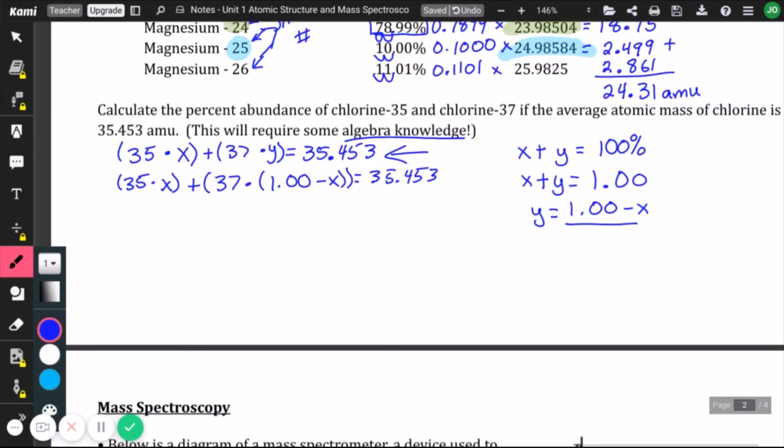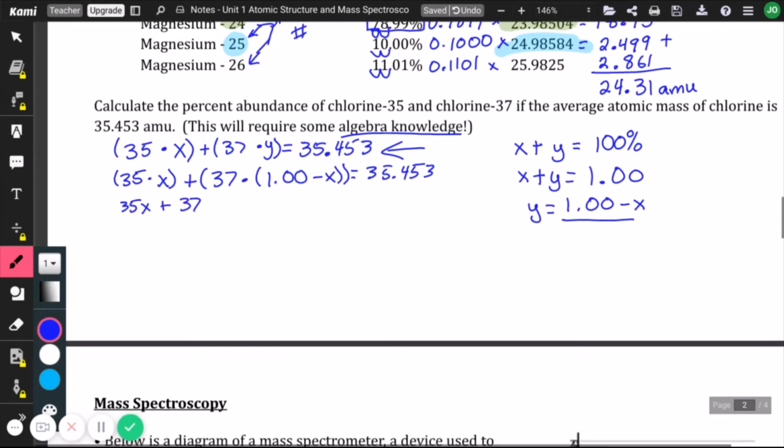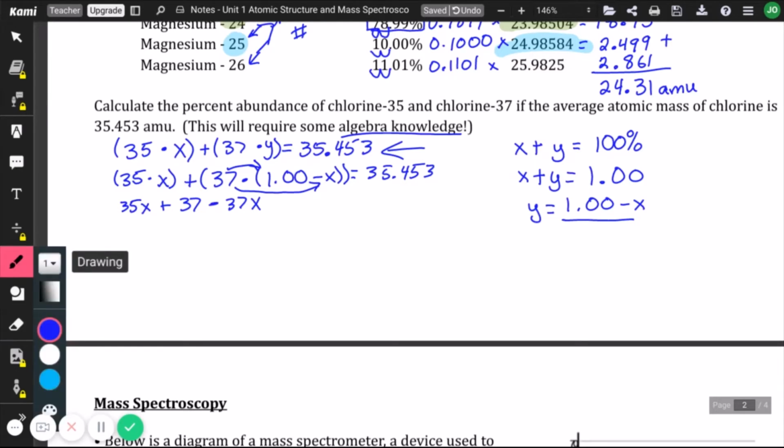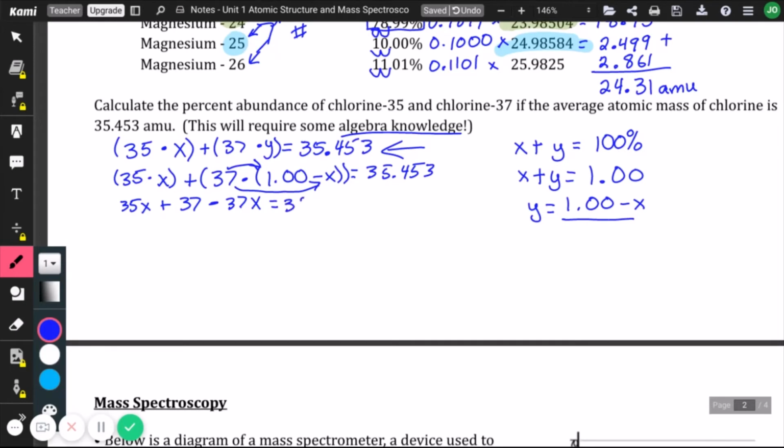So I have 35x plus 37, because that was 37 times 1, and then plus 37x, which is 37 times x. Now, it wouldn't be plus, it'd actually be minus, because we subtracted that x there. And that's going to equal 35.453.